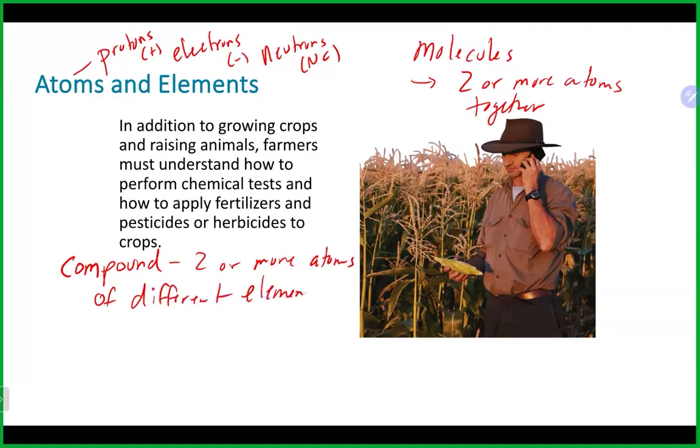And that's a really important distinction, the different element part. In order for something to be a compound, you do need 2 or more atoms of those different elements that come together. So what I mean by that, again, to tie it to elements, we could have elements like K, which is potassium, which is just by itself.